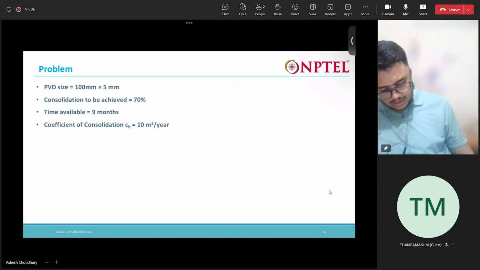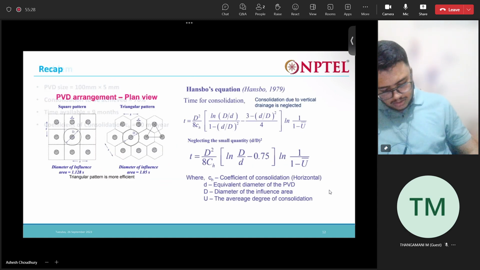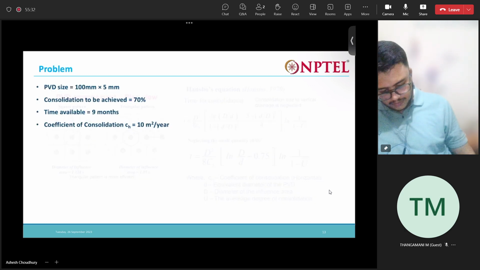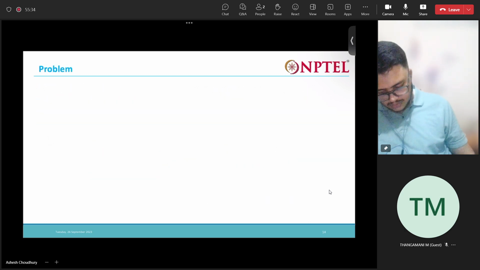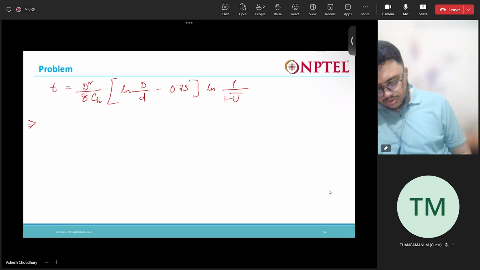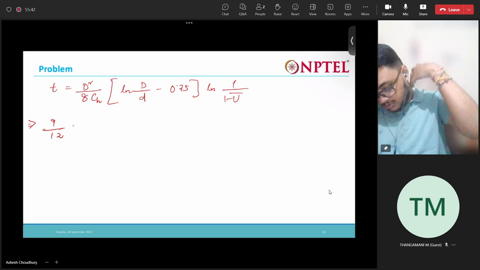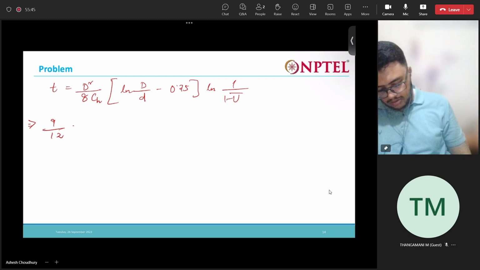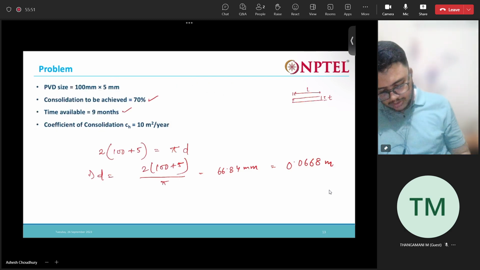We'll just check the equation once. Let us put in the values. 9 months, so 9 by 12 years. We need to find D square. 8 CH, where CH is given as 10 meter square per year.